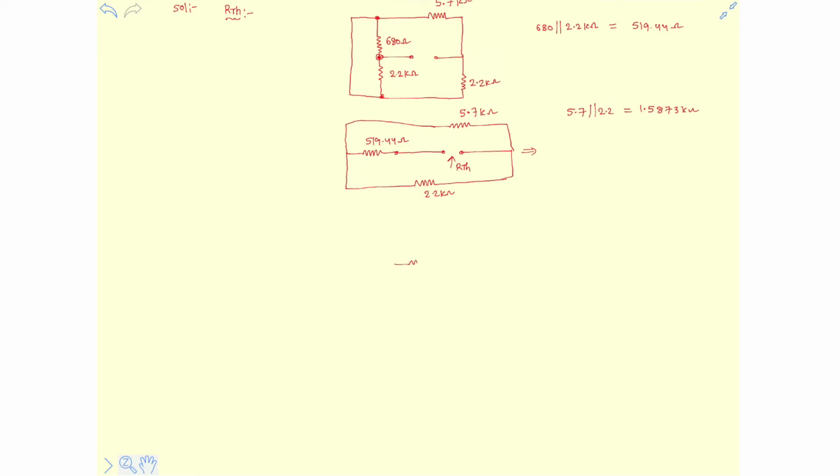Now the circuit looks like this. 1.5873 kilo ohm. Here it is 519.44 ohm. This is RTH.